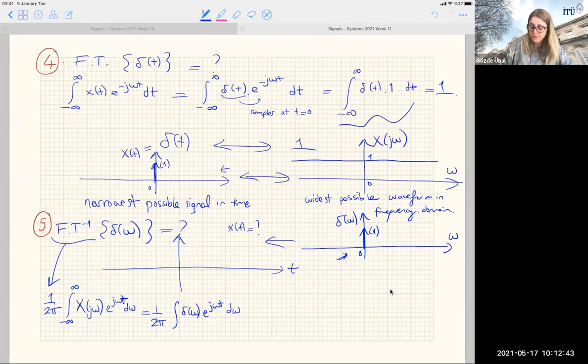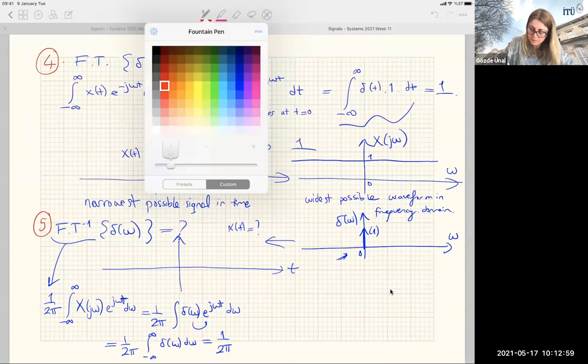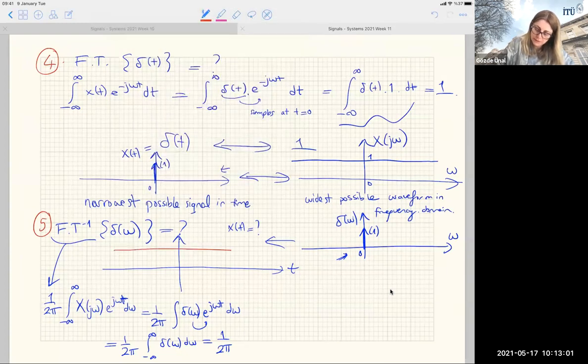It's going to sample from this guy, which will be 1 over 2 pi, integral from minus infinity to infinity of delta omega d omega, which is this time 1 over 2 pi. Okay? That's it. So here it's 1 over 2 pi, and it's all constant actually. This is x of t. Okay? And this is the corresponding Fourier transform.